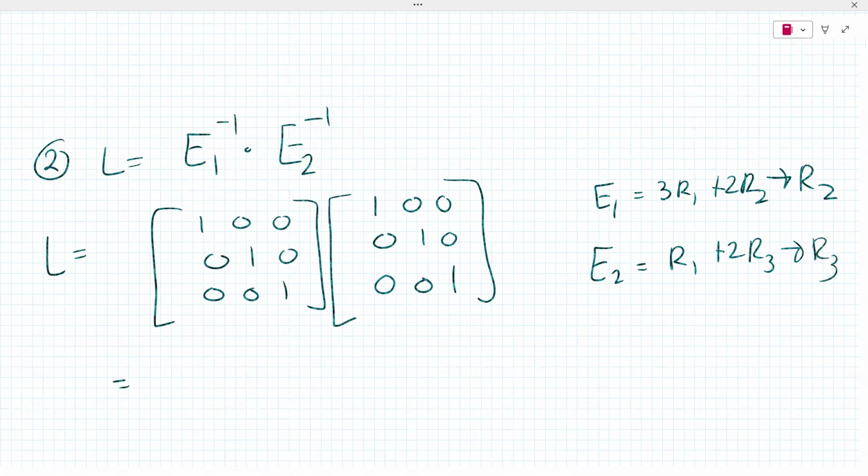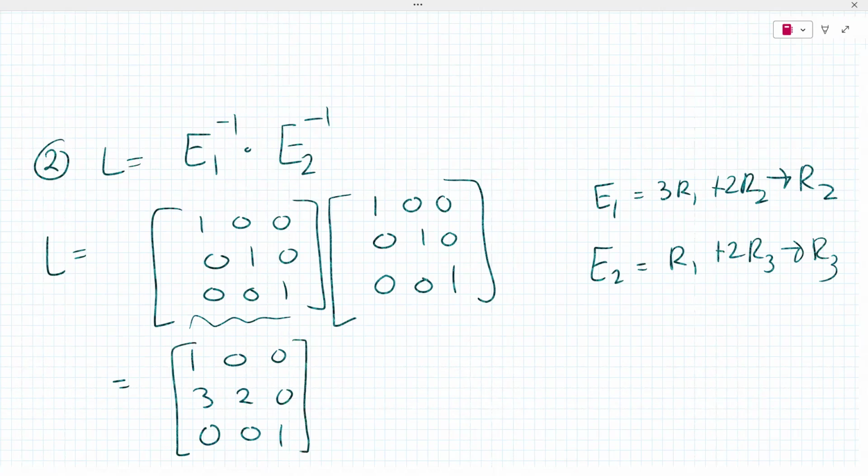Okay, so let's start with this identity matrix, and it looks like we're going to change row 2. So it's 3 row 1 plus 2 row 2, so that's going to be 1, 0, 0, 3, 2, 0, 0, 0, 1. And then matrix 2 is row 2 plus 2 row 3 gives us row 3.